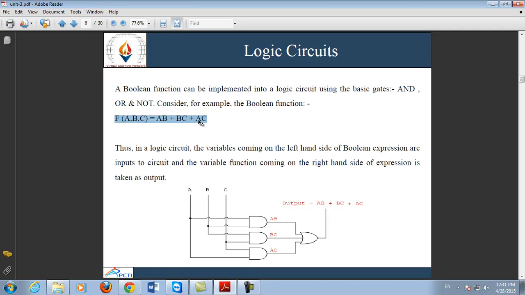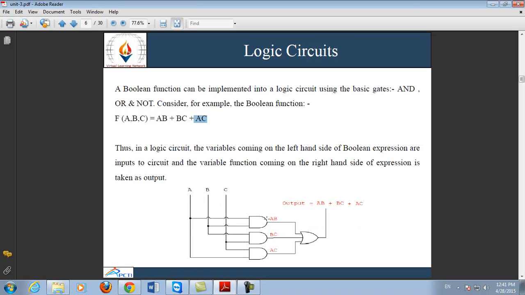This is the Boolean function, and if you want to present this Boolean function in the form of a logic circuit, then we can use different types of gates like AND gate, OR gate and NOT gate. And if we implement this Boolean function by using AND gate, OR gate and NOT gate, then what will be the representation? For multiplication like A into B, B into C and A into C, AND gate is used.